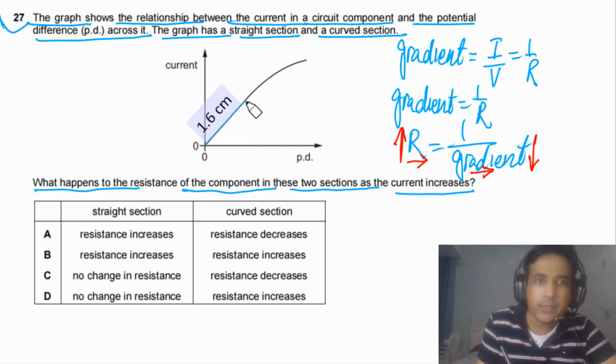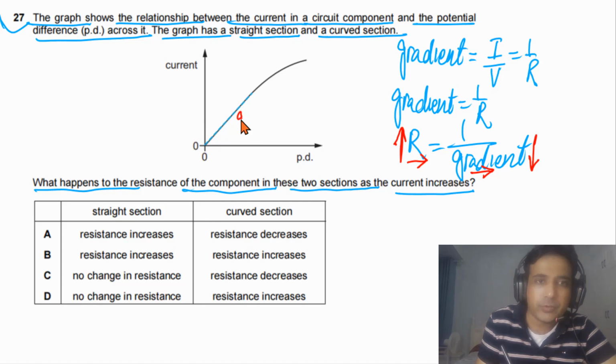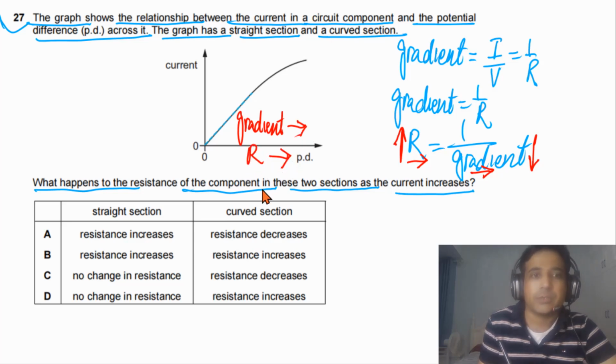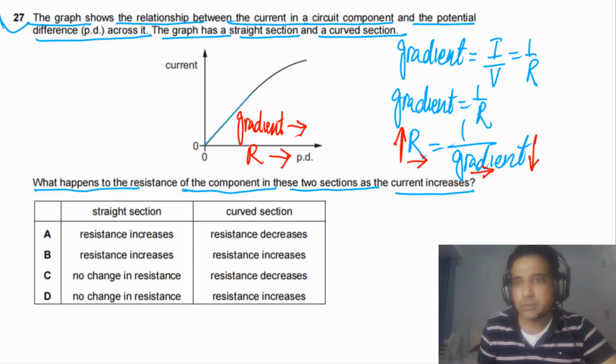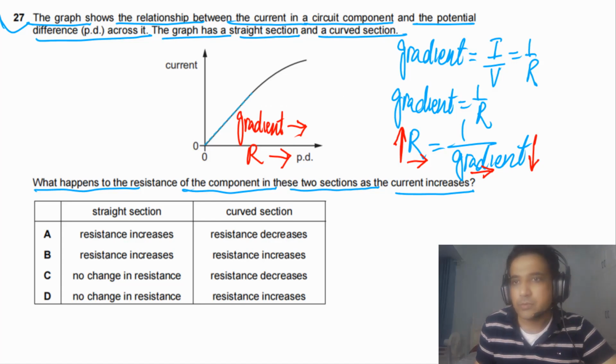If you look at the first part, the gradient is constant. So it means resistance is also constant. No change in resistance.